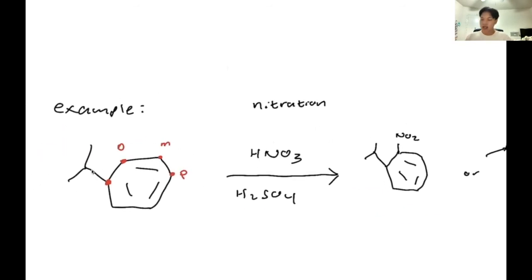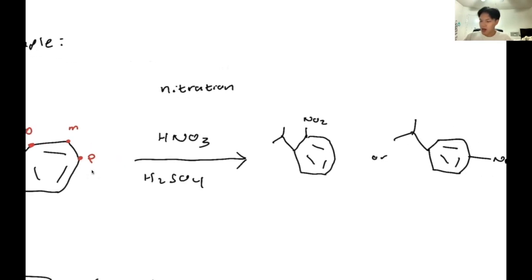I did go over this slightly at the beginning, but if we think about steric hindrance, the ortho product is going to be very hindered. You see how this nitro group is close to this isopropyl group, which means there's a lot of hindrance here. This will still happen, but it's just going to be a little bit slower. It's going to be a minor product.